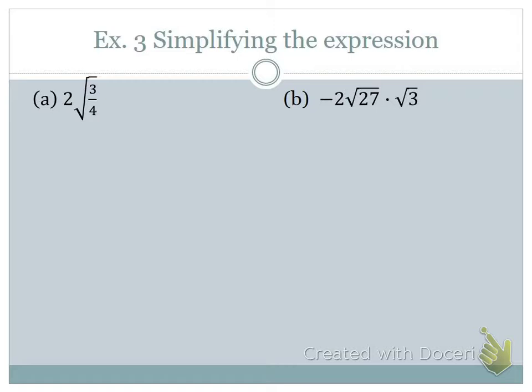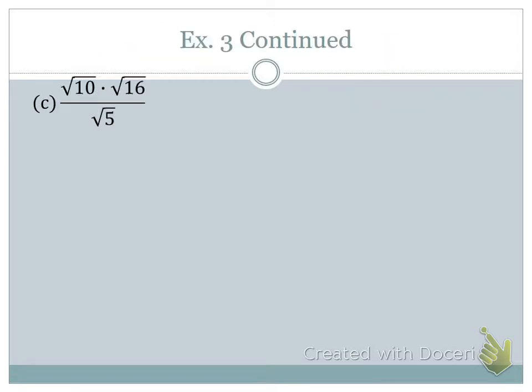All right, Elena, what would you do first on letter C? Multiply 10 and 16. All right, so when we multiply the square root of 10 times the square root of 16, what do we get?